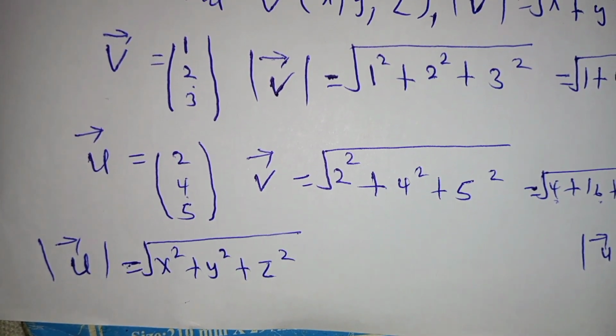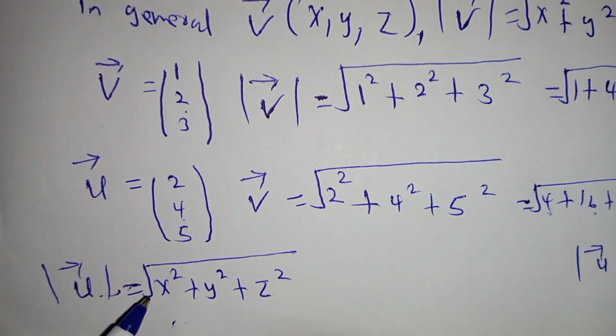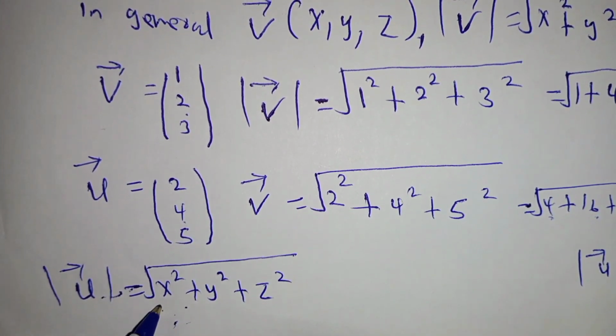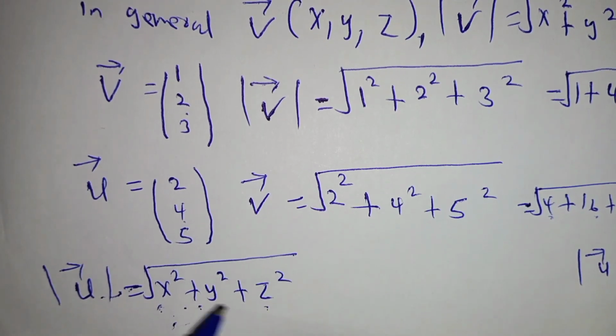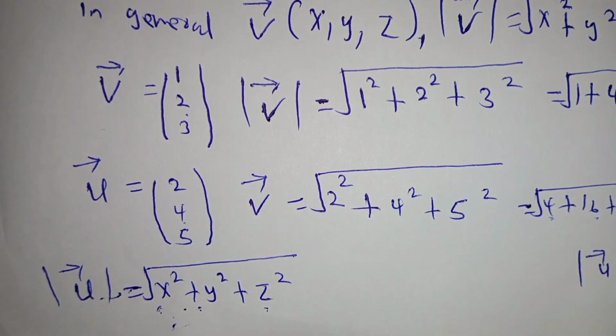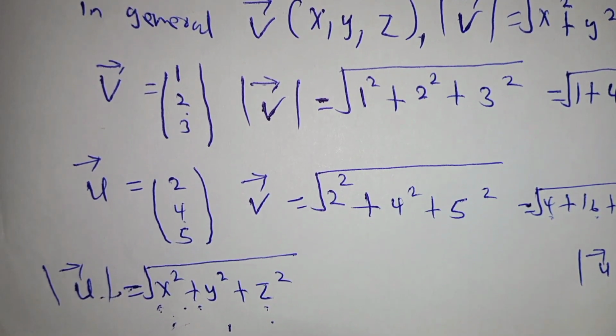It is referred to as the modulus, size, or the magnitude of a vector. In 3D, it is x squared plus y squared plus z squared, then you obtain the square root, whereby x is the component along the x-axis, y is the component along the y-axis, and z is the component along the z-axis.